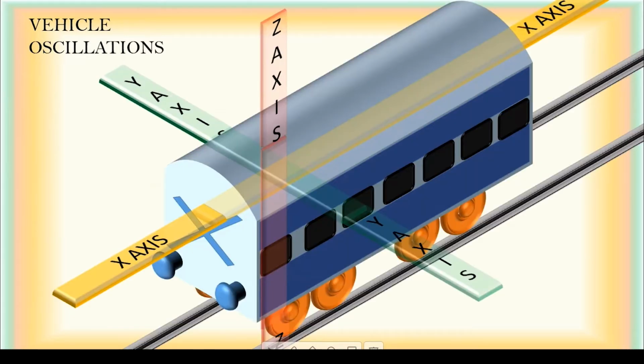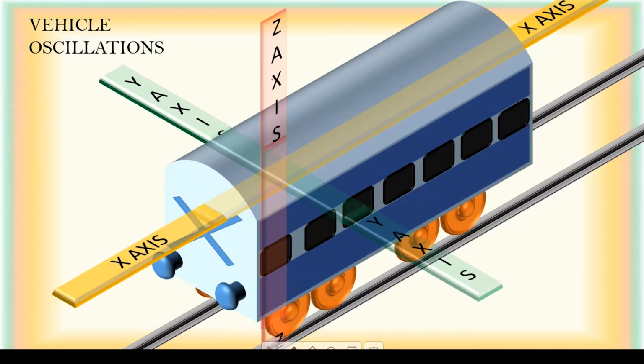Now, once there is any defect either in track or in rolling stock or in operating features, vehicles will be subjected to oscillations, or we may call it accelerations. Those accelerations are going to affect the movement of our vehicle. What kind of effect can it be?